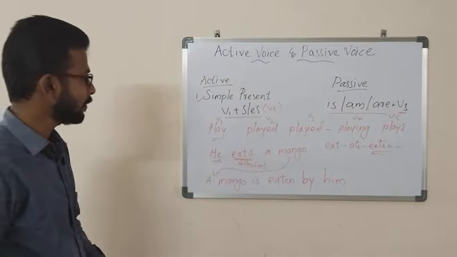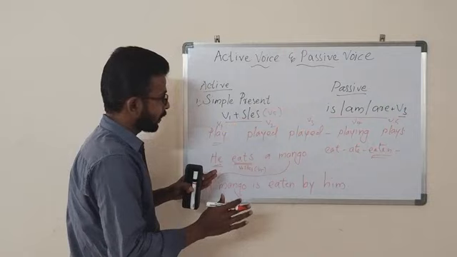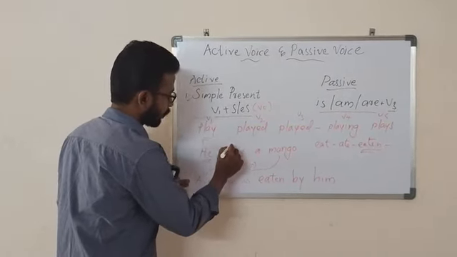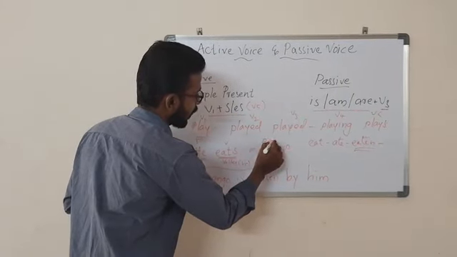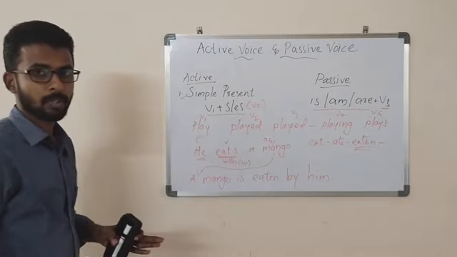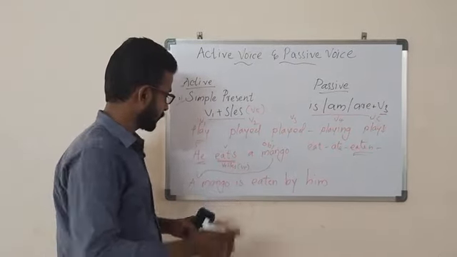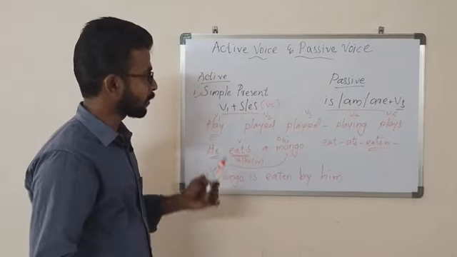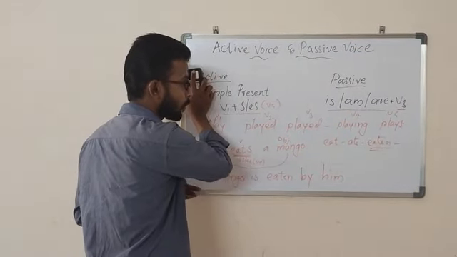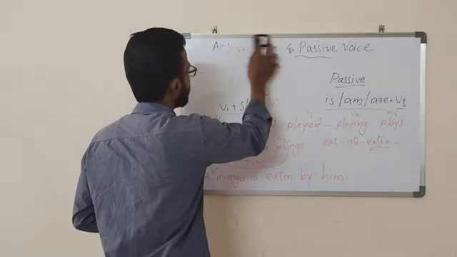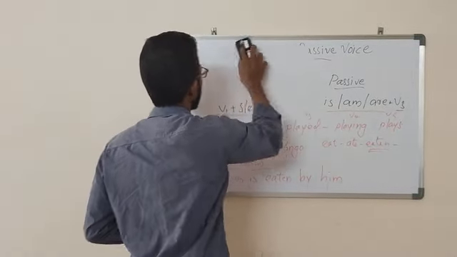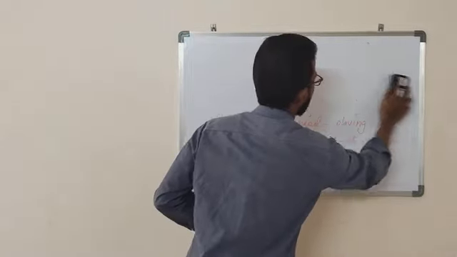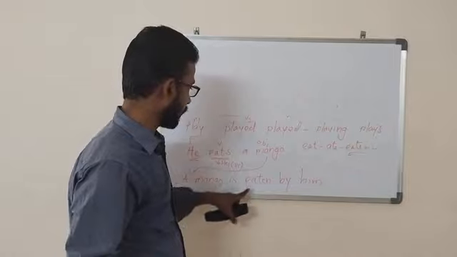So it is very easy. When the sentence is given, first of all, you should see what is the subject, what is the verb, what is the object. This should be identified first. For your listeners, I thought that you might have noted this down, so that's why I am clearing this area. A mango is eaten by him.